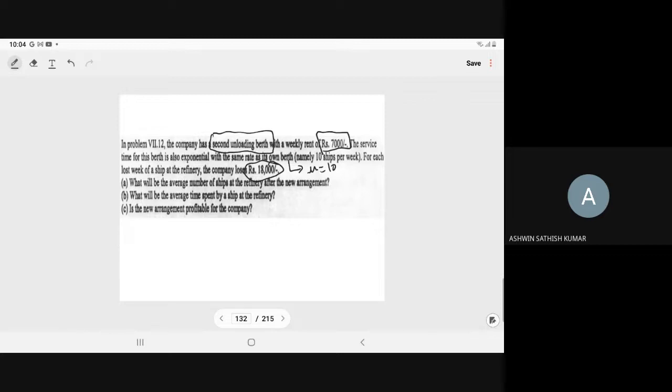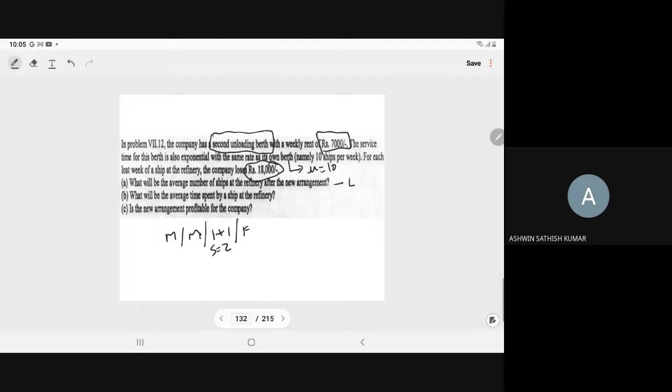So what will be the average number of ships at the refinery after the new arrangement? Means we have to compute L. The main thing is the ships are arriving following the Poisson process, M, and providing the unloading with exponential service time, or exponentially distributed unloading time, that is the M. Now we have one own unloading berth plus one hired, so here we have S is equal to 2.